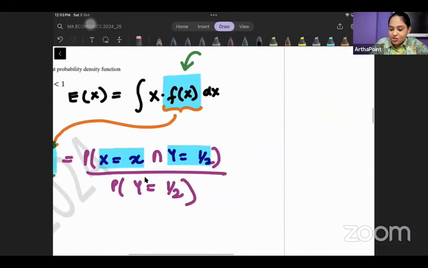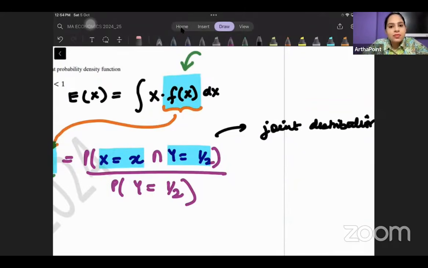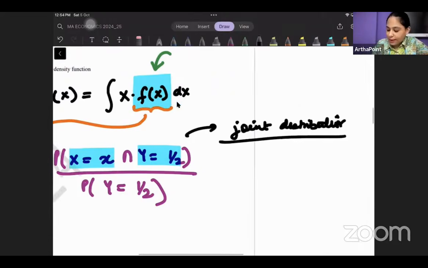Nothing but the joint distribution, because there is some x and some y. Right? Because I am taking some value of x and some value of y. So joint distribution. And what is the denominator representing? The marginal distribution. Absolutely.